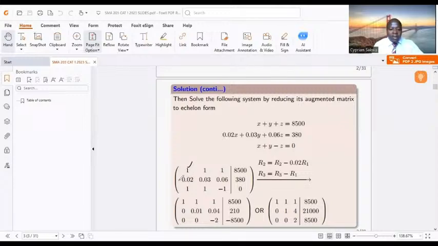So I make everything else in the first column to be 0. So how do I make this position to be 0? To make this element 0, the new second row will be obtained by taking the current second row minus 0.02 of row 1.